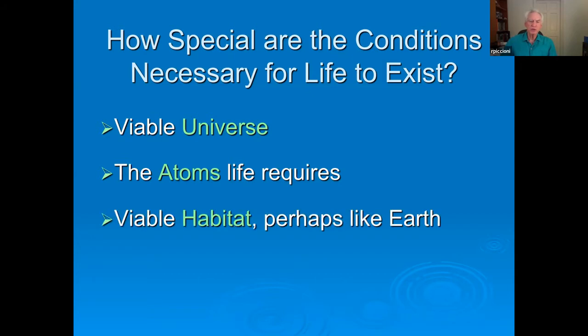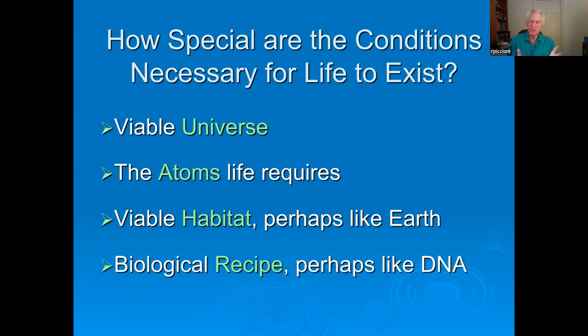Life would also have to have a viable habitat, and the only example that we know of a viable habitat is the Earth itself. And finally, life is very complex, and it needs a recipe that defines all of the biological processes that sustain the life, that let it grow and let it finally reproduce and create new life.